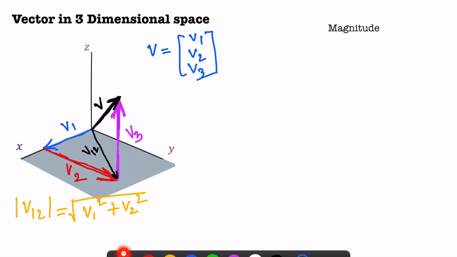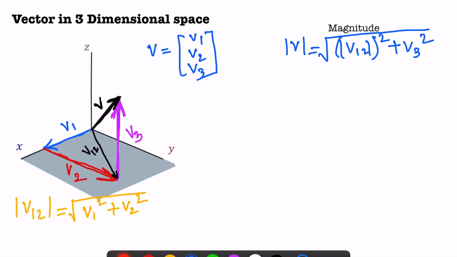Now, this is the xy plane, and from this point, we are moving parallel to the z axis. So, this also should be a right angle, right? So, mod of v, the length of v, will be square root of v12 square plus this v3 square.